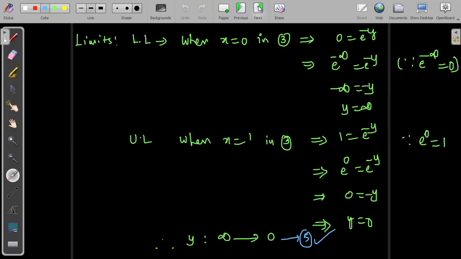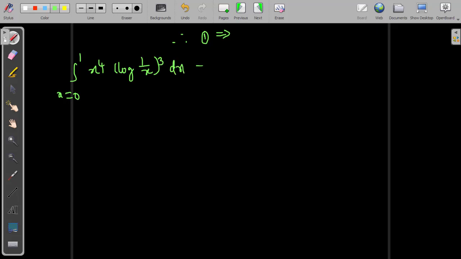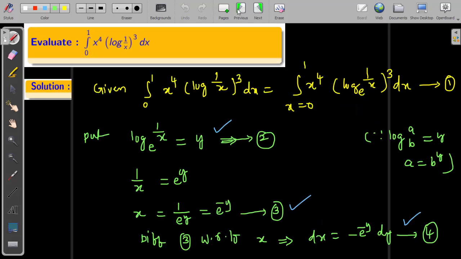That's the idea. Therefore equation 1 LHS is the integral from x equal to 0 to 1 of x to the power of 4 times log of 1 by x to the power 3 dx. This is the question given.